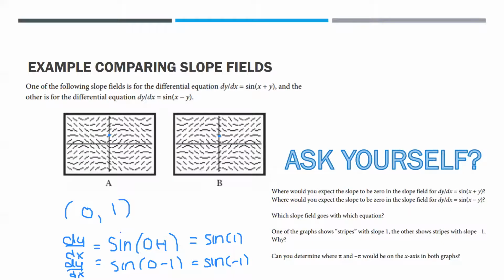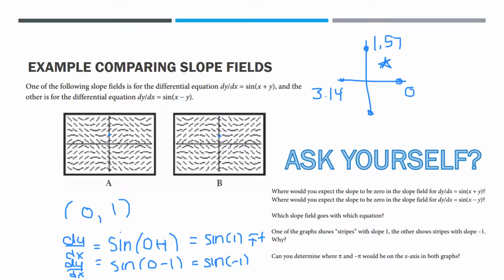So if you think about the value of sine 1, that's going to be positive. Why? Because 1 is in quadrant 1 in terms of the unit circle. So if you go back to your unit circle days, here's 0, this is 1.57, this is 3.14, etc. So if you picked a number where you're looking for sine 1, you're going to live over here in quadrant 1, which would mean that this is positive.